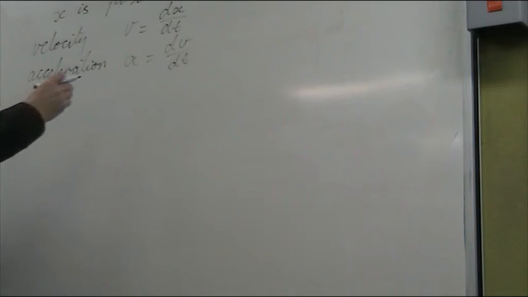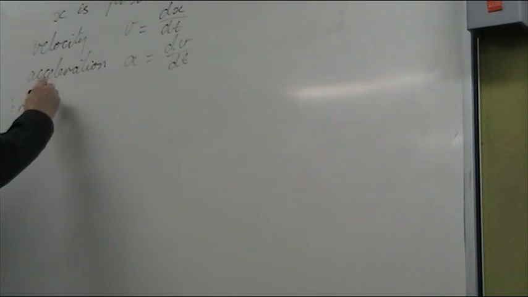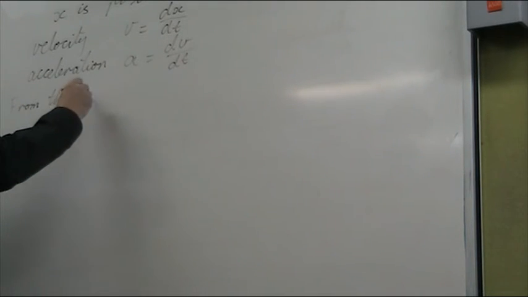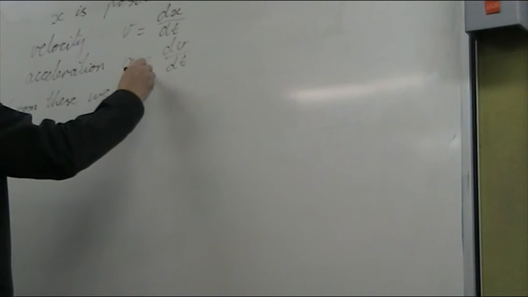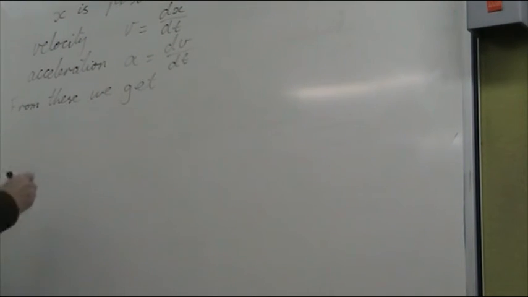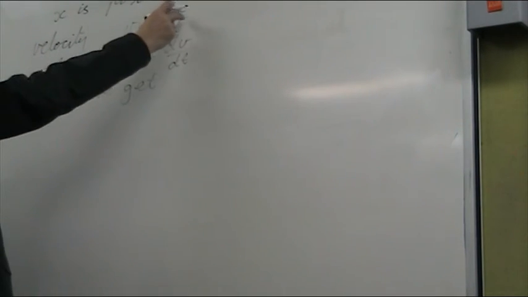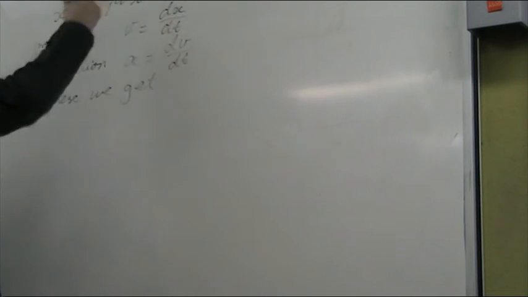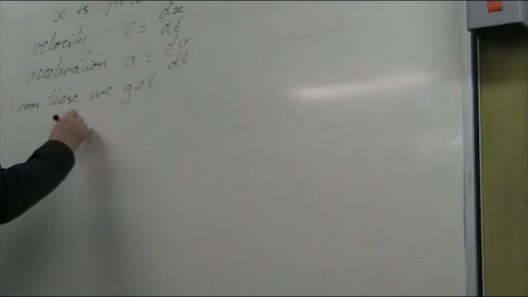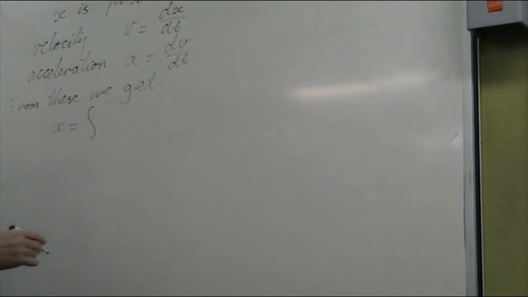And of course, these we've done. Of course, we can go back the other way as well. If you anti-differentiate the velocity one, you get position. Time to wake up, Eliza.